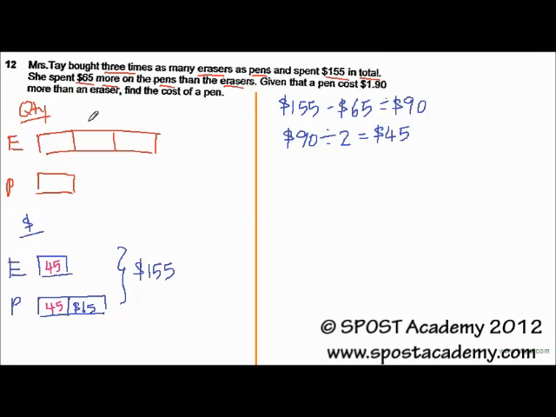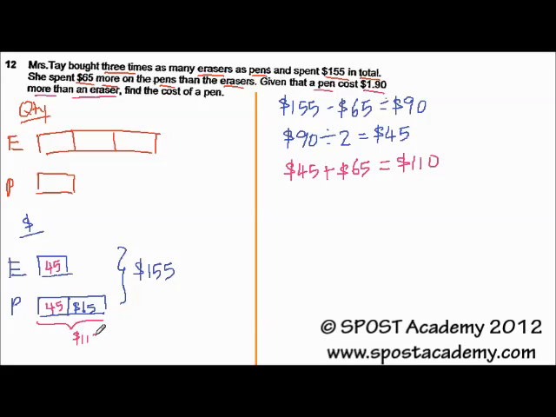So the question says that a pen costs $1.90 more than an eraser. The total amount of money spent on erasers is $45, and the total amount spent on pens would be $45 plus $65, which equals $110.